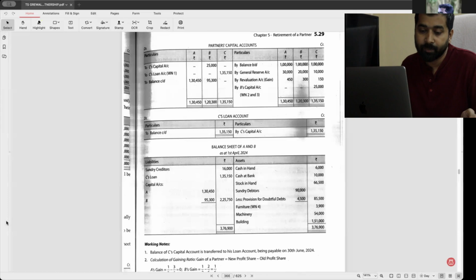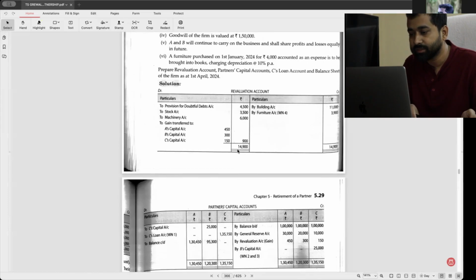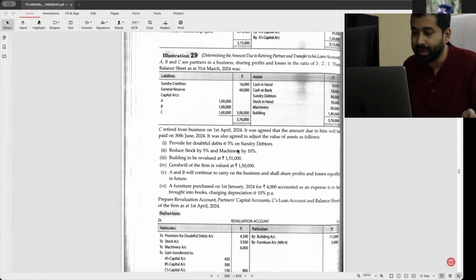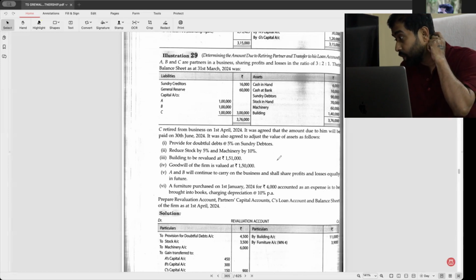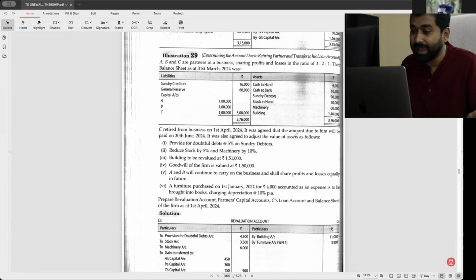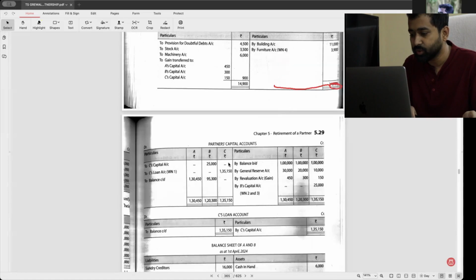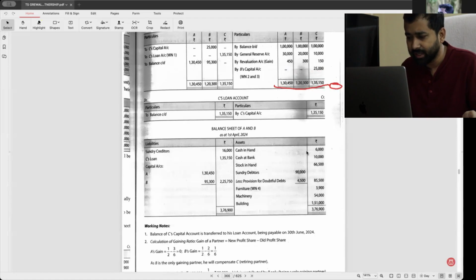Now we are moving to the cash. If any cash was paid through this, it would change; if not paid, the old balance sheet cash we had, the same amount we will take. Because the adjustment of capital for goodwill was made without cash, there was no cash involvement. So the cash in hand, how much was there? 6,000, exactly the same amount I am taking in the new balance sheet. There is no increase or decrease in cash.